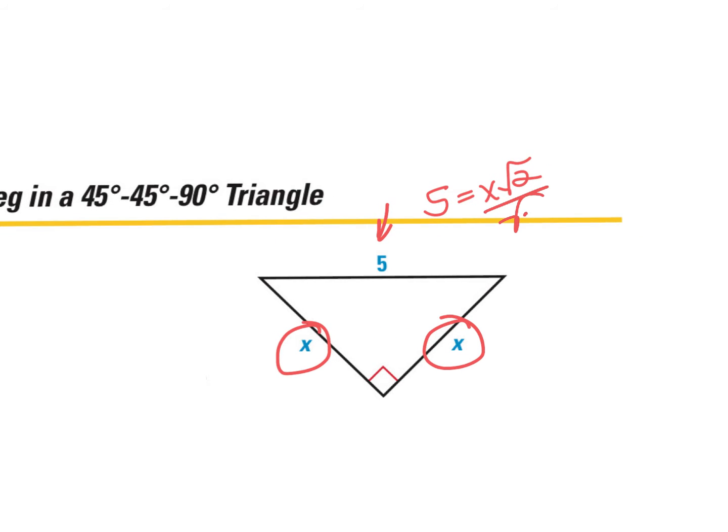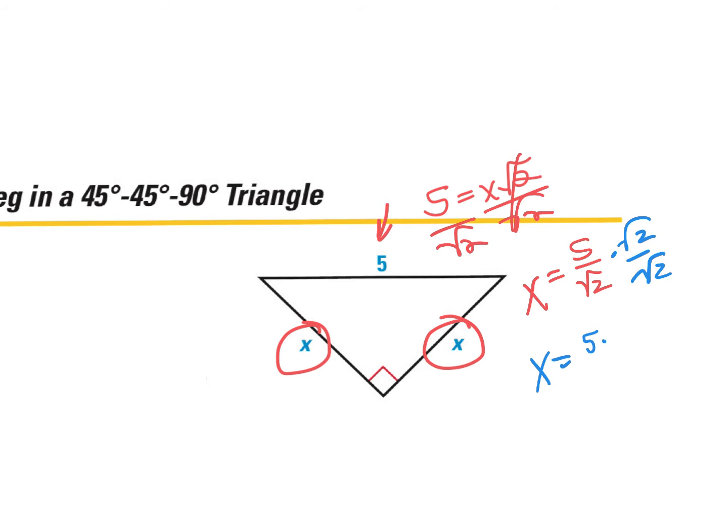I divide both sides by the square root of 2. I get x equals 5 square root of 2, which we can't leave. At WebAssign that's okay, but for Mrs. Meadows it's not. So we rationalize, and we get that x is 5 root 2 over 2. That would be your leg length.